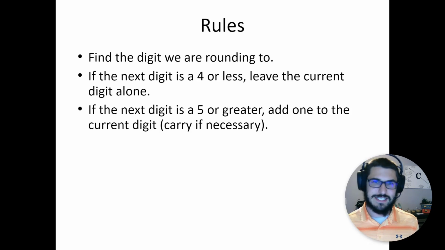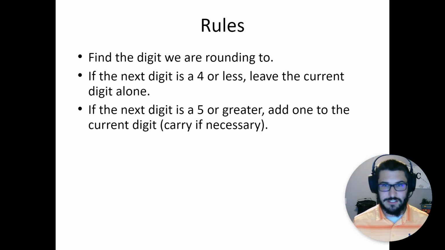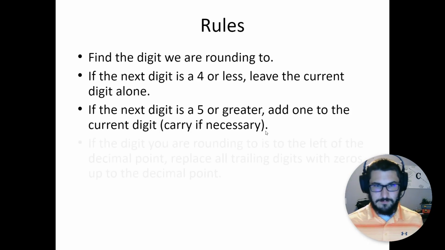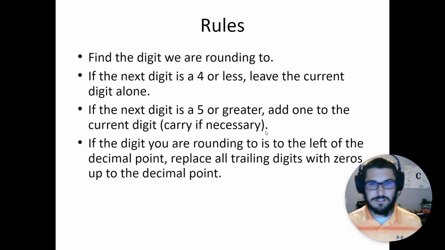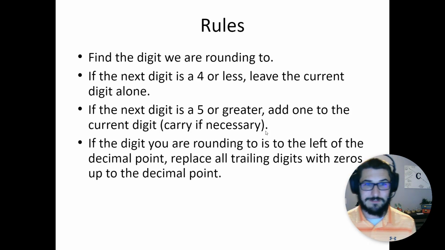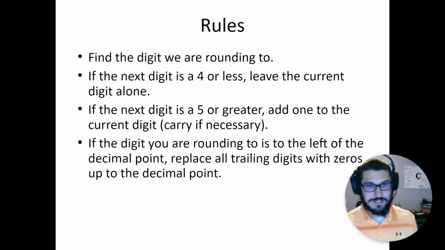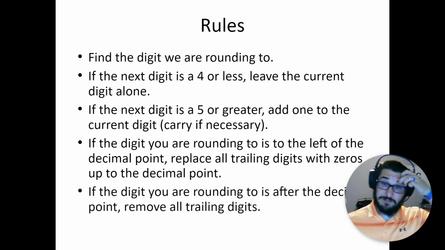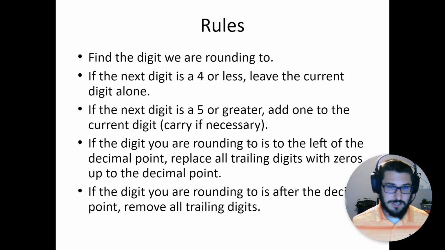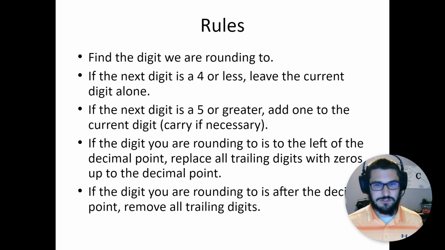You're going to put it to the next digit. And if the digit you're rounding to is to the left of the decimal point, replace all trailing digits with zeros, like we did in the last one, up to the decimal point. And if it's after the decimal, then you get rid of any of the trailing digits.